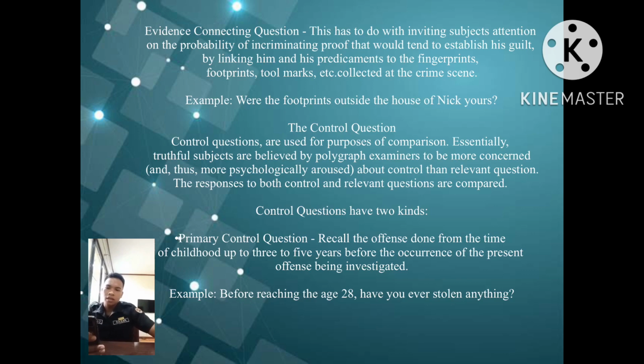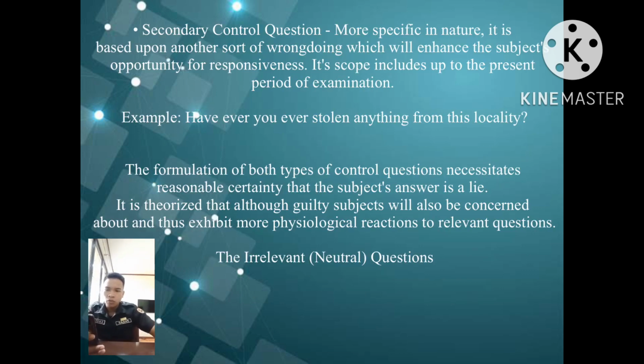Then, next, secondary control questions. More specific in nature, it is based upon another sort of wrongdoing, which will enhance the subject's opportunity for responsiveness. Its scope includes up to the present period of examination. Example, have you ever stolen anything from this locality? It is said in the secondary questions that it is related to the wrongdoing of the subject.